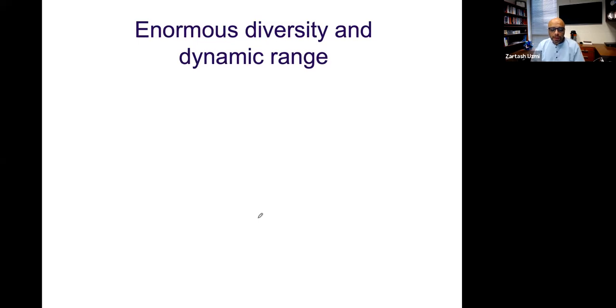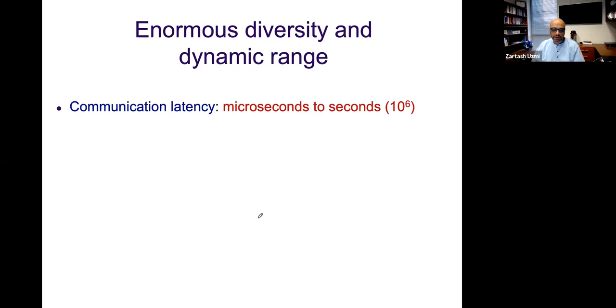So there is also an enormous diversity and dynamic range in the internet. Communication latency can be microseconds to seconds. You can have links where the latency between sending a piece of data and it being received at the other end can be in microseconds, or it could be in seconds.